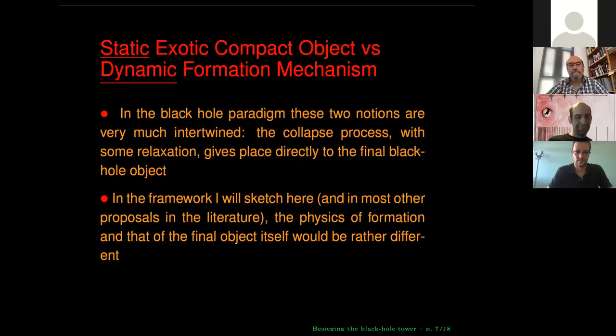One thing that I also want to mention is that what separates the black hole paradigm quite a bit from other paradigms based on exotic compact objects is the reasons why a new figure of equilibrium exists, and the mechanisms that allow the formation of this object. In the black hole paradigm, these two notions are somewhat intertwined, because the collapse process itself, with some relaxation, gives place directly to the final black hole object.